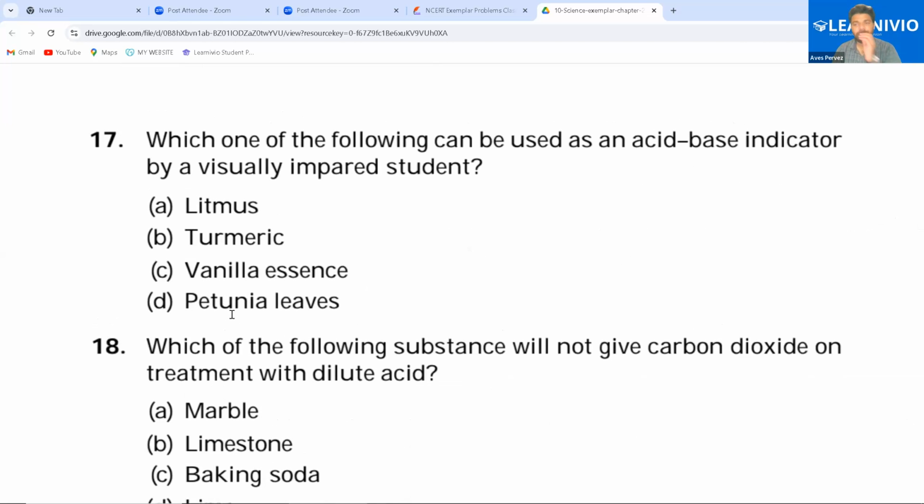Question number 17. Vanilla essence can be used because they can smell it instead of seeing it.